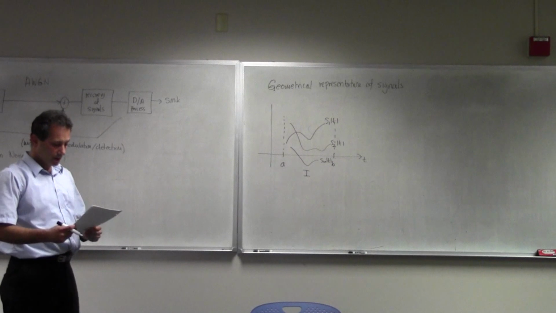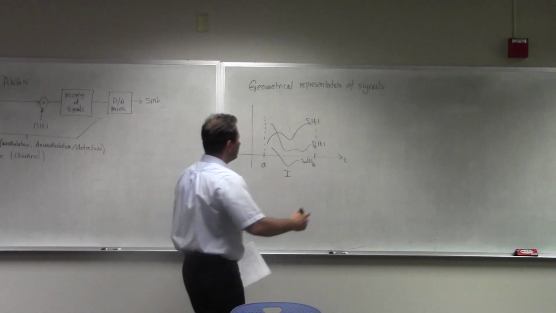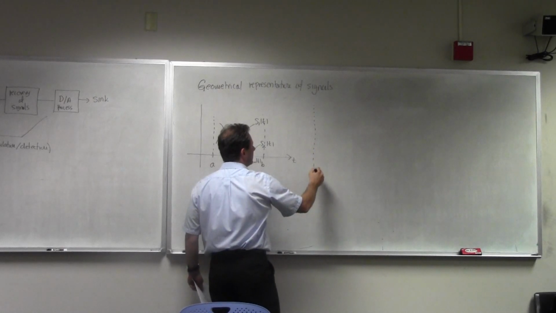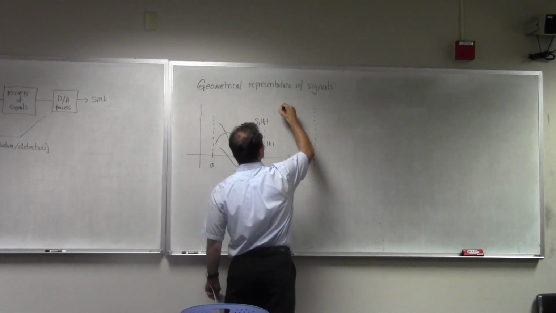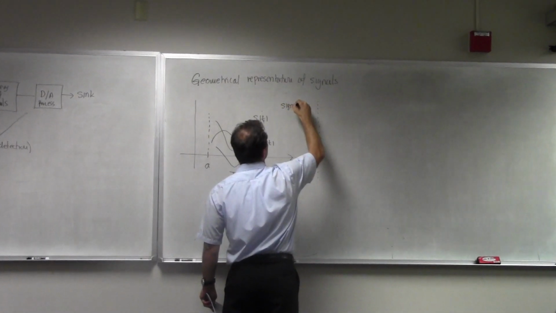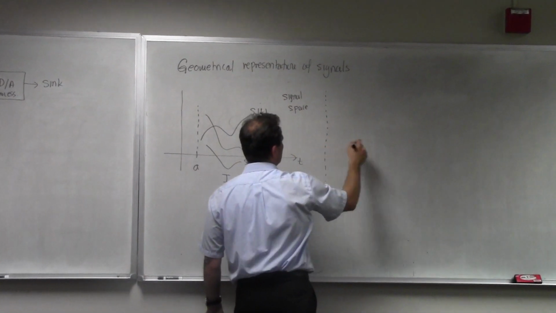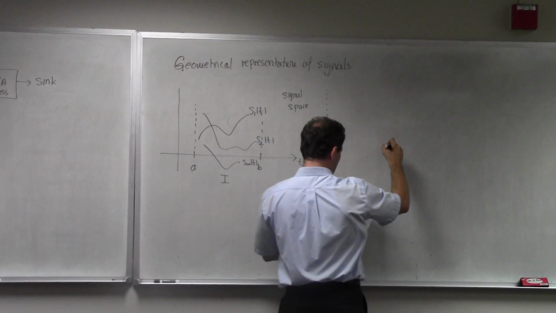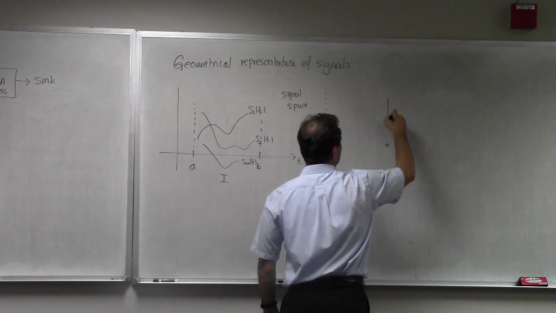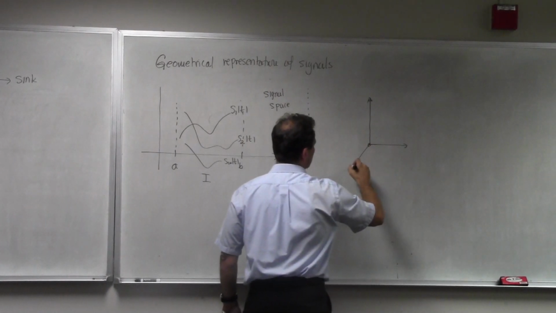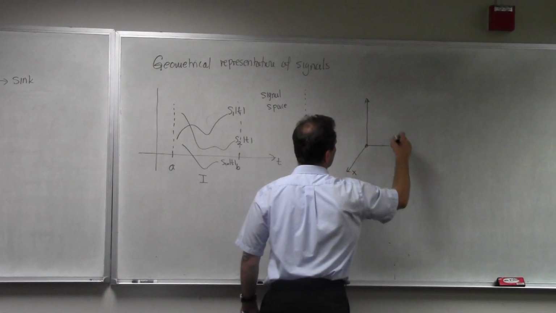So I can have infinitely many functions that I define, or signals that I define, on this interval a to b. What we strive to do is to develop an equivalent world. So this would be your signal space. And we seek to develop an equivalent world where I would have some vector space, let's say with some x, y, z.